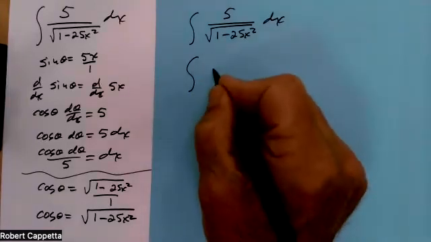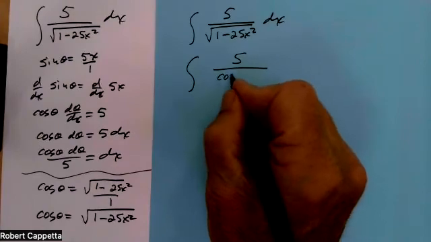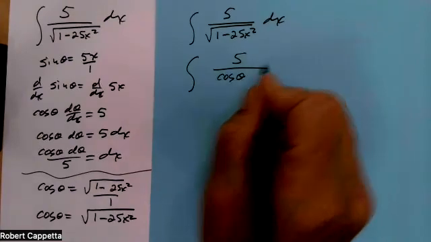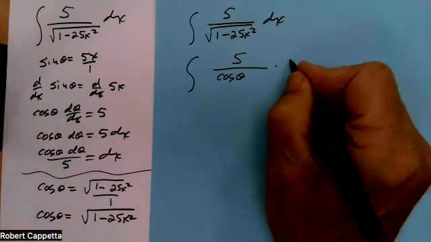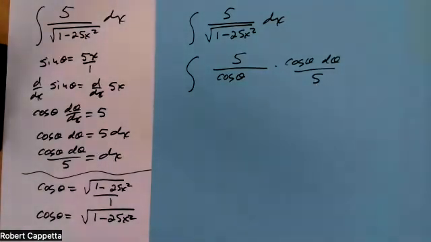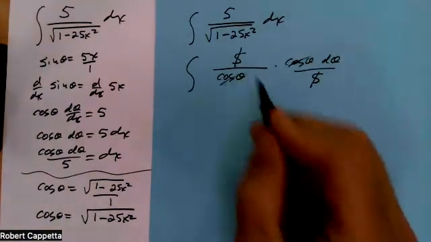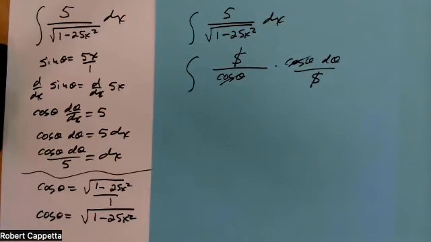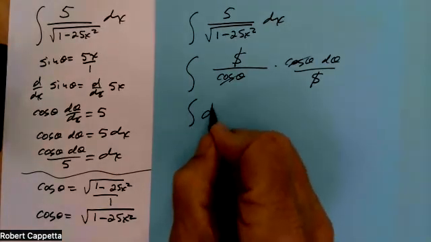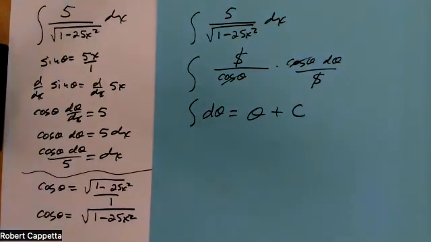What do we have? 5 is 5. Root 1 minus 25x squared is cosine theta. Dx is cos theta d theta over 5. We will notice the 5's divide out. We will notice the cosine thetas divide out. So this becomes the integral of d theta, which is just theta plus c.